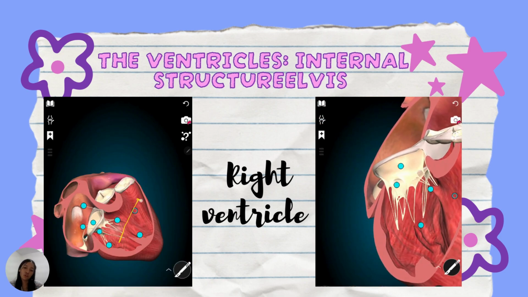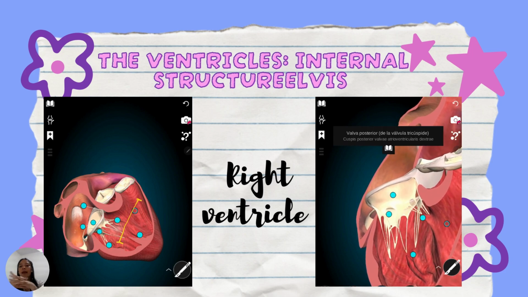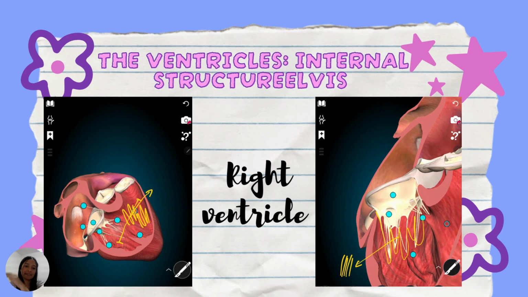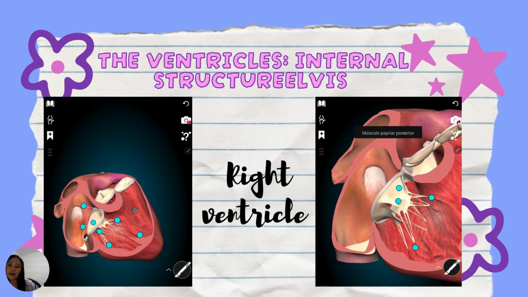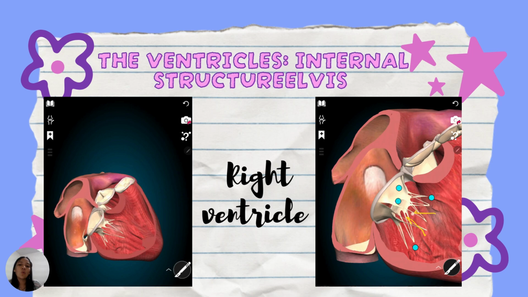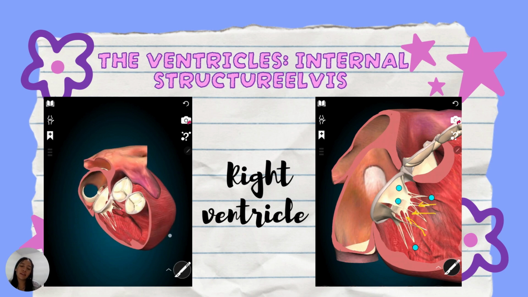The final portion of the right ventricle before reaching the pulmonary valve is called the infundibulum, or conus arteriosus, which is in this part of the video, on the right. It is a smooth-walled region that optimizes the outflow.